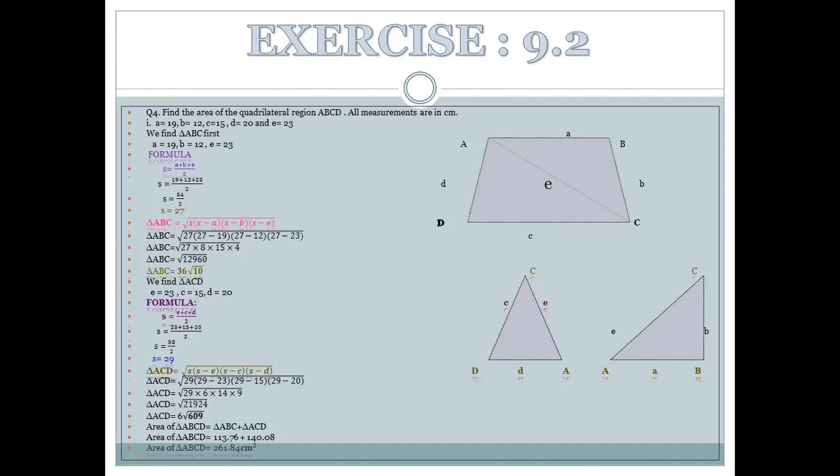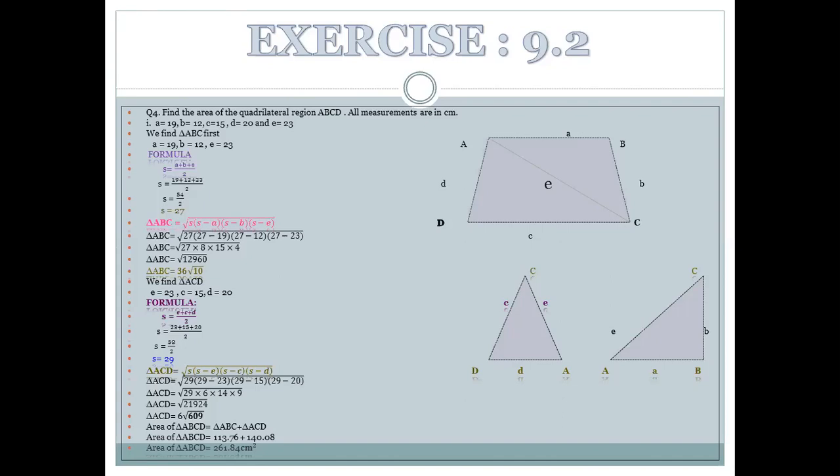A, B, and E. Now, in your question, you will take the values of A, B, and E. No need for the values of C and D. Only we need A, B, and E. We use these three sides to calculate S, which is A plus B plus E by 2. After calculating S, the formula will be like this: S into S minus A, S minus B, S minus E. Because we are using here the side E, instead of C you will write here E.